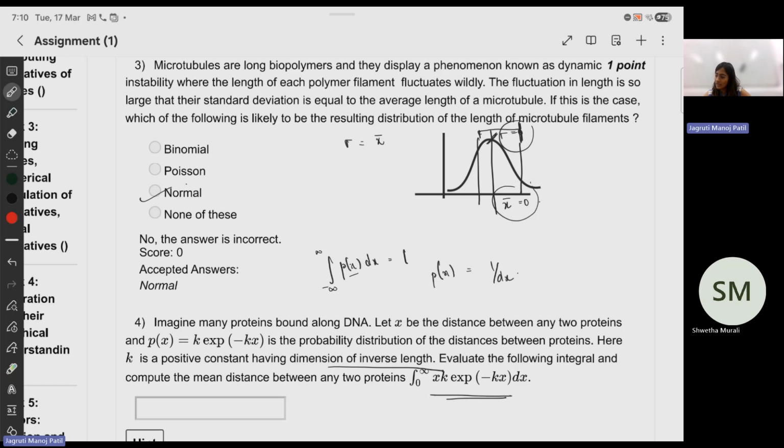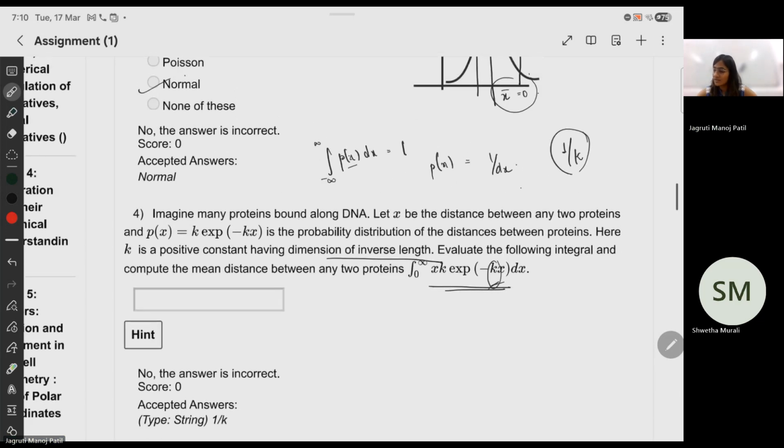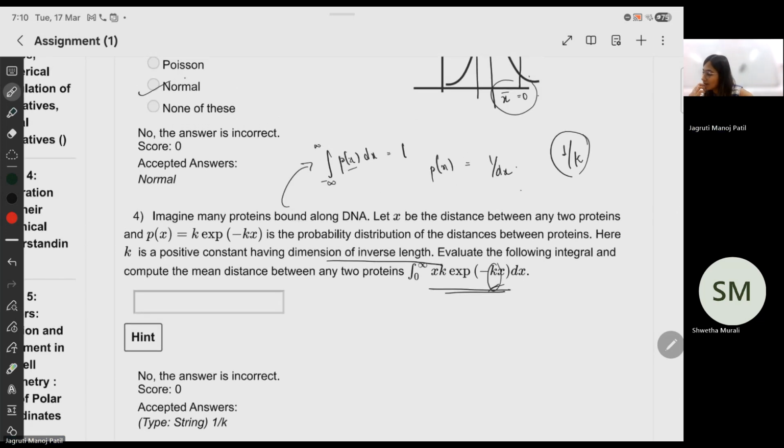Now, if it should be finite and we are looking at a finite distance, this would be the inverse of the distance length. So it would be here, right? This k. So it would be nothing but 1 by k, right? Yes. Is this understood?